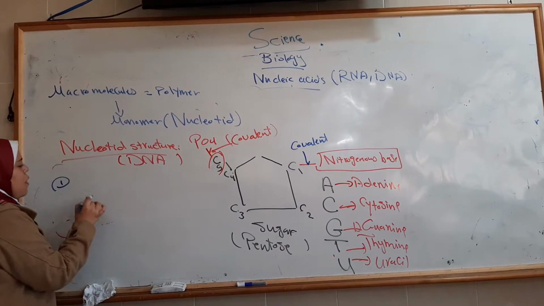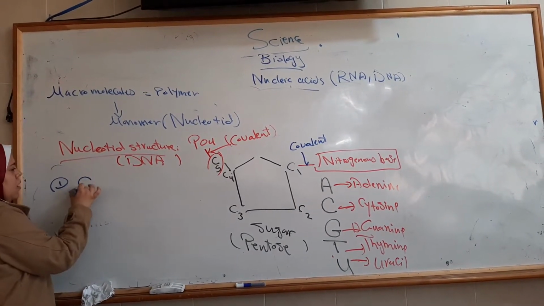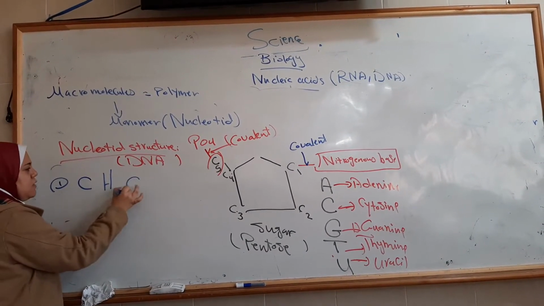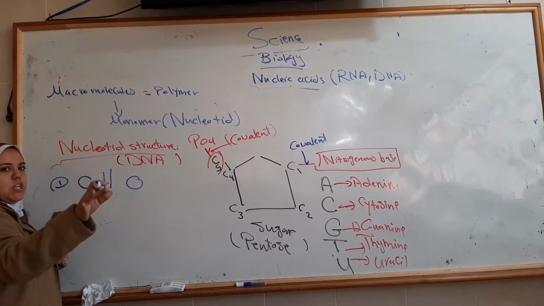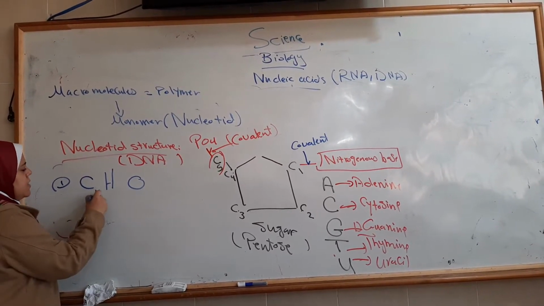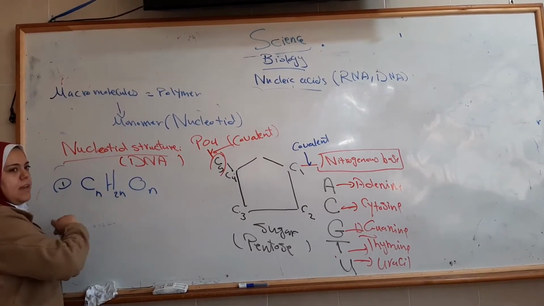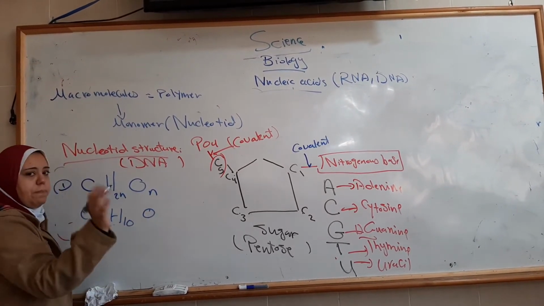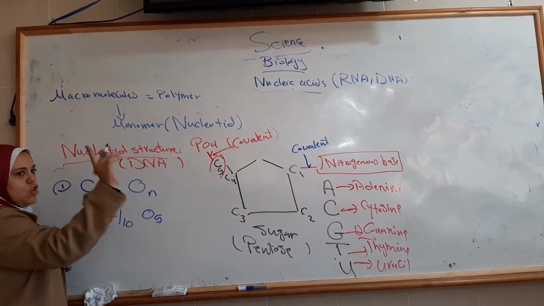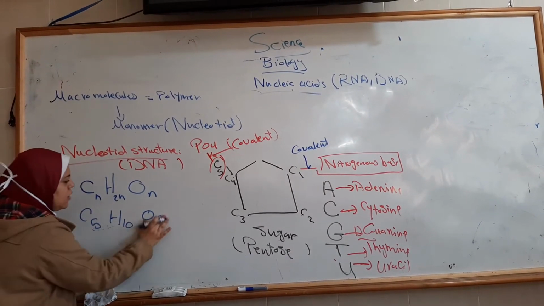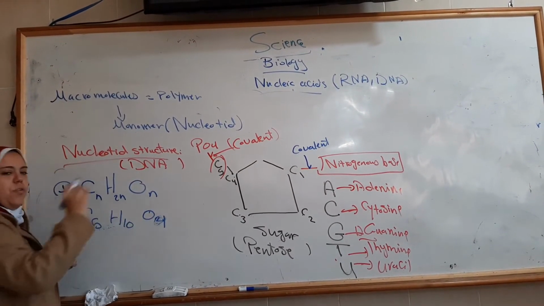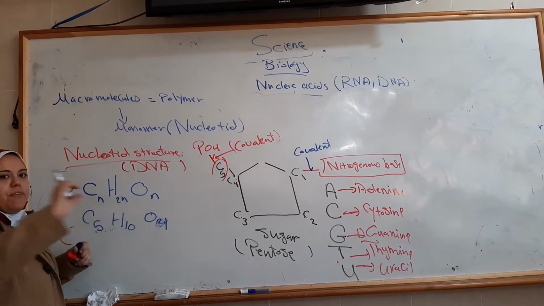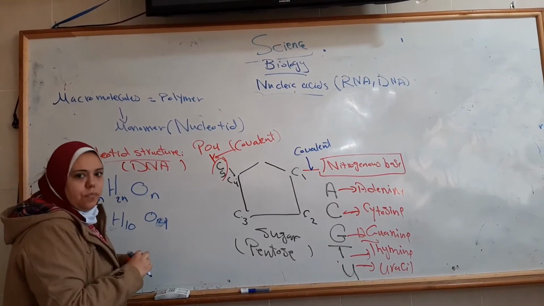You said before that sugar contains carbon, hydrogen, and oxygen. Carbon is 5, hydrogen is 10, and oxygen is supposed to be 5 also. No, oxygen here is 4, not 5, because of the elimination of 1 atom of oxygen.